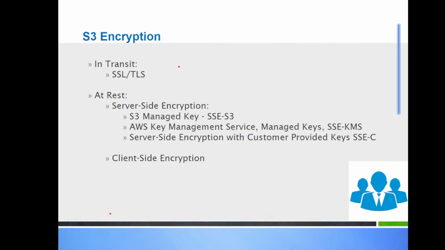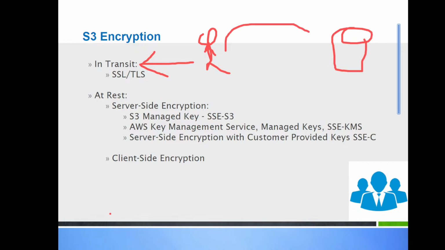Here, when you are moving your data in and out of S3, this is your home, this is you, and this is your S3 bucket. When you are uploading any data to S3 or downloading any data from S3, this is called data in transit, right? You are uploading and downloading the data over the internet.